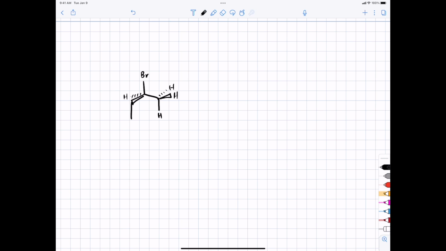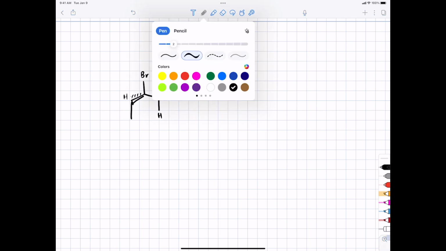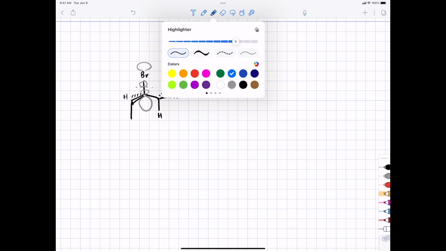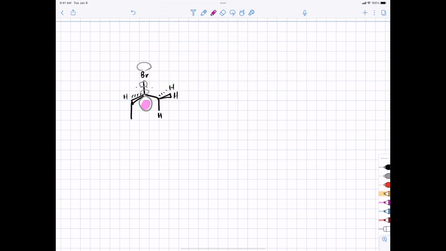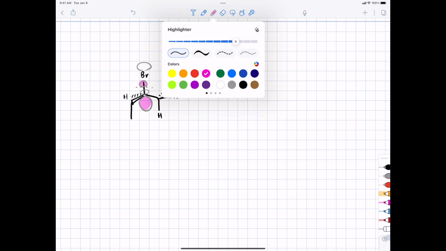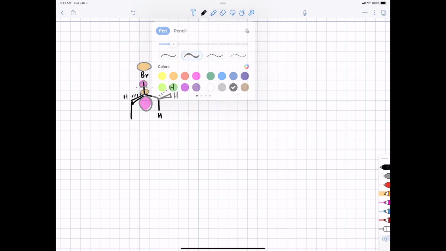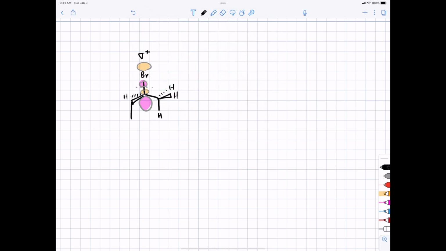And recall that we had a node here, small lobes here, with a large lobe there. And let's just use our typical colors for the sigma star. All right? No problem there.